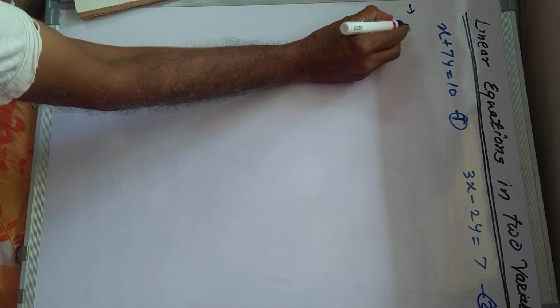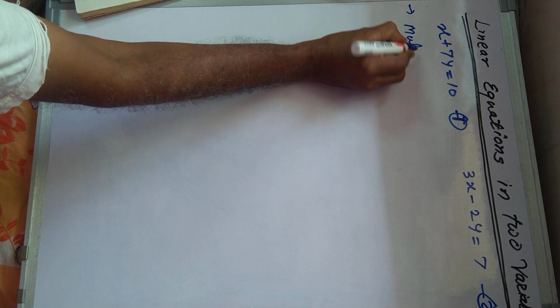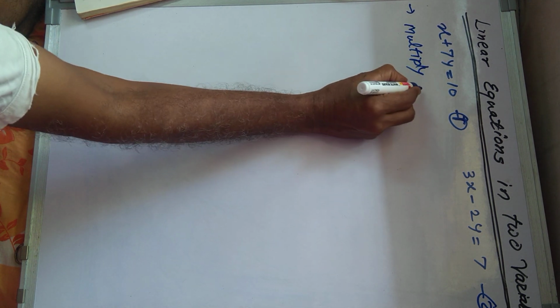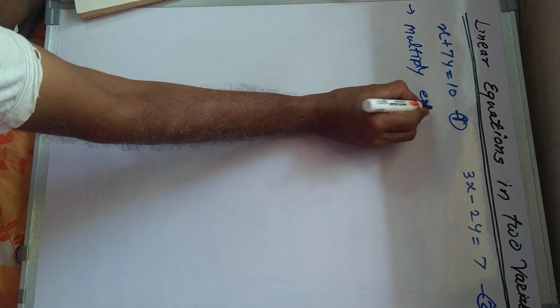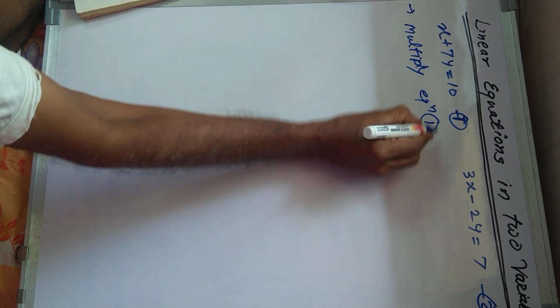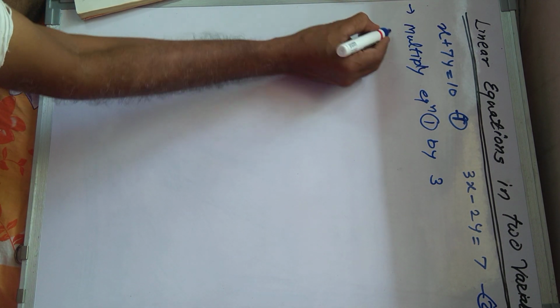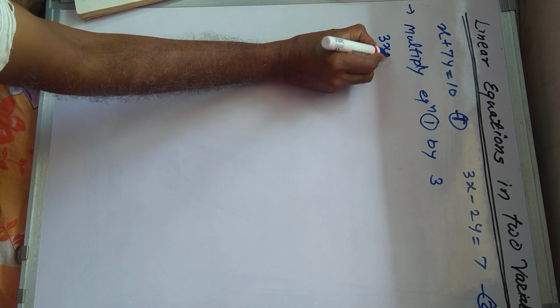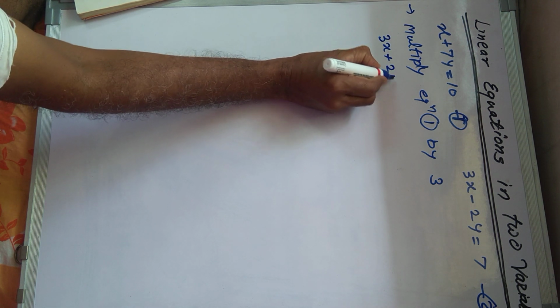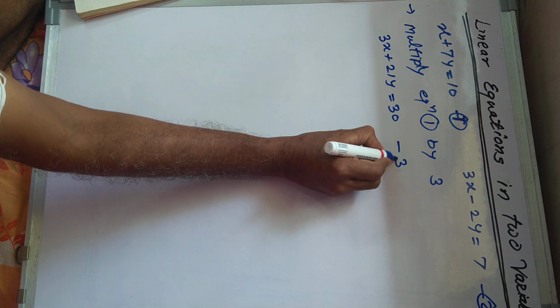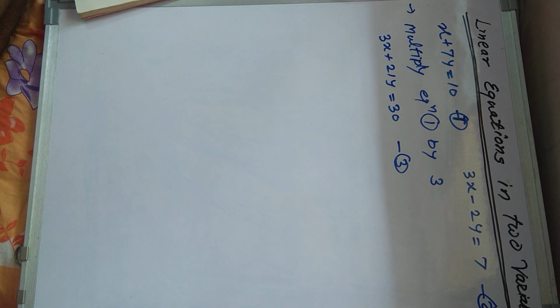That means in the first step, multiply equation number 1 by 3. Hence we get the new equation 3x plus 21y is equal to 30. This is the third equation.